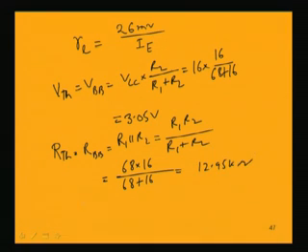So, now we can find out the emitter current in this circuit. If we consider the circuit, we can draw it like this: this is VBB, which is V Thevenin, and RB, that is R Thevenin.